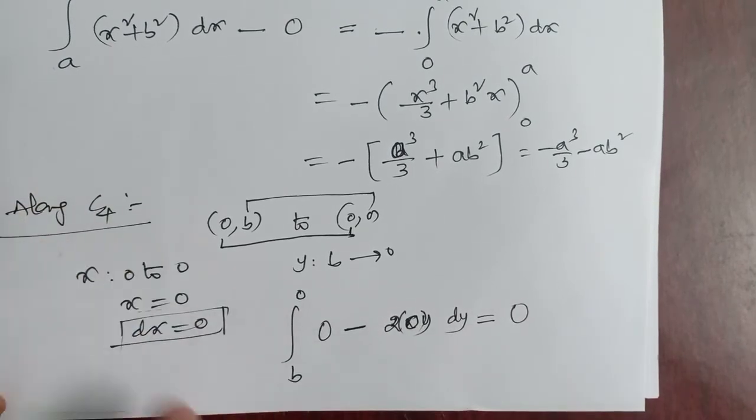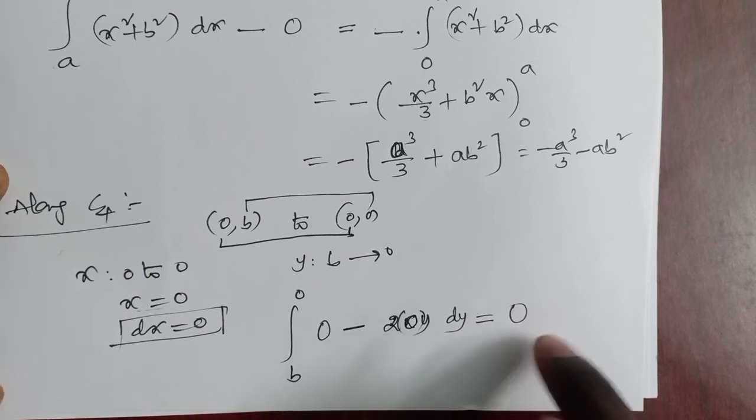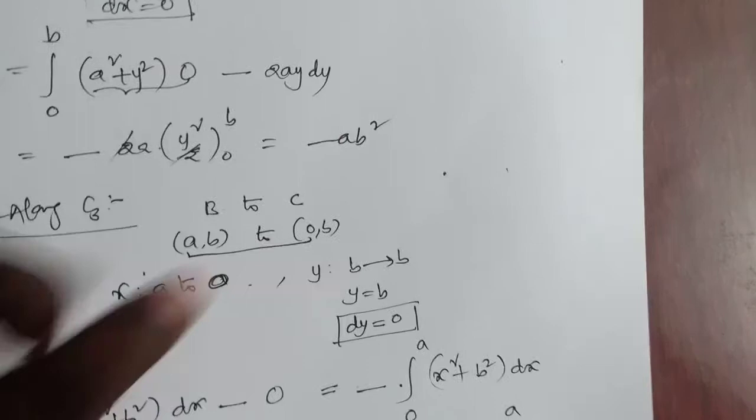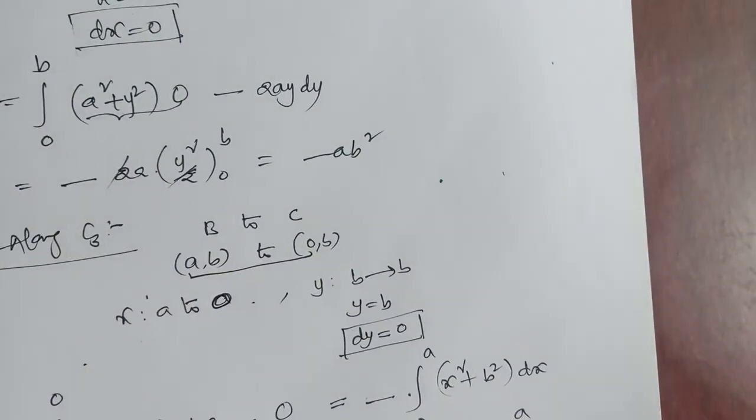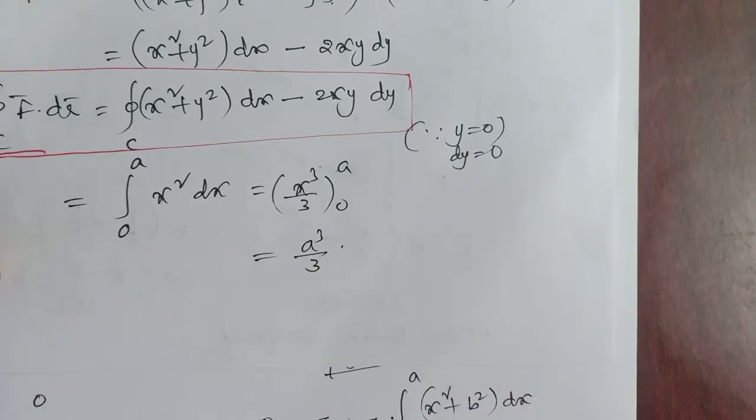So along C4, what is our value? That is equal to 0. Along C4 it is 0, and then along C3, C2, and C1, adding all these, what do we get?